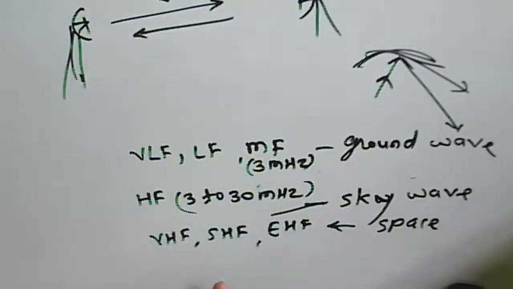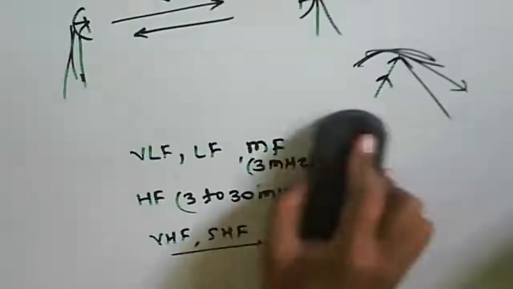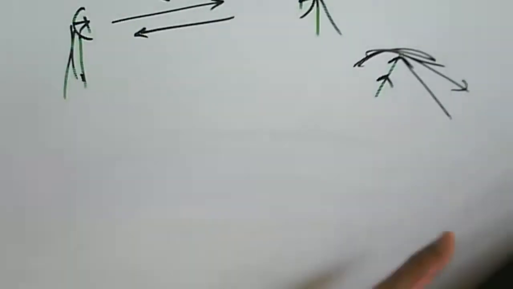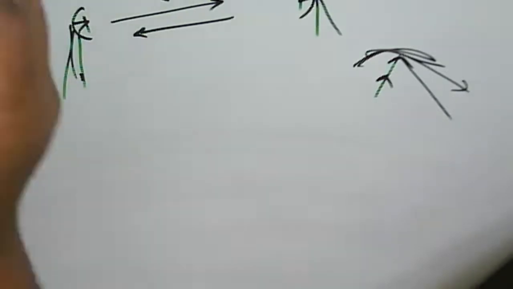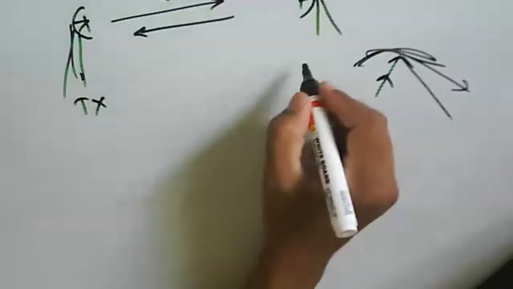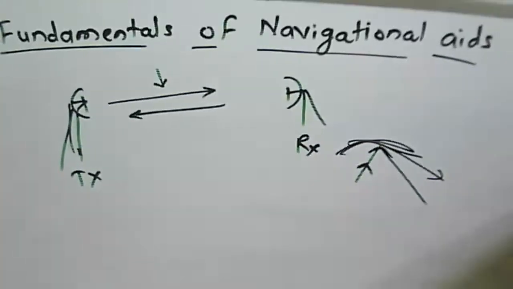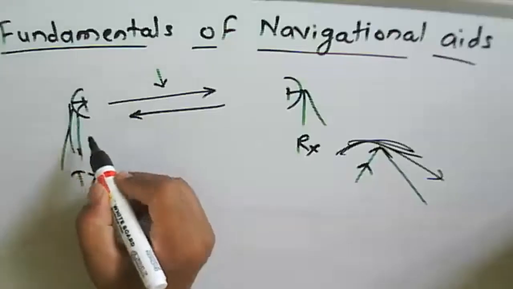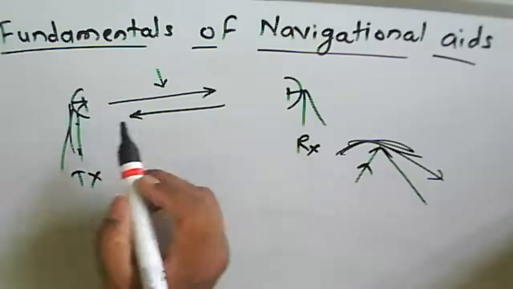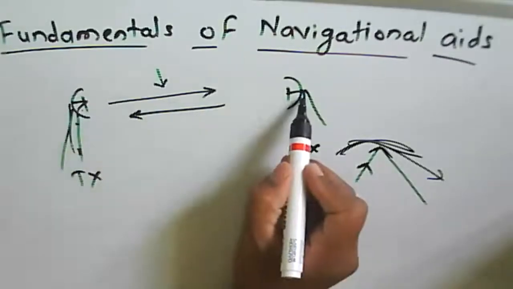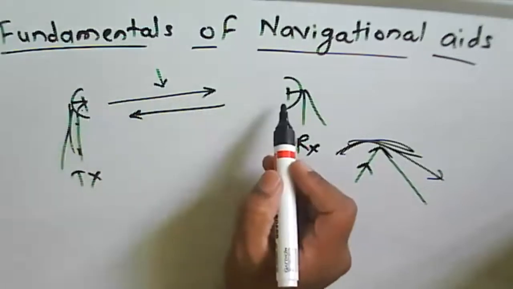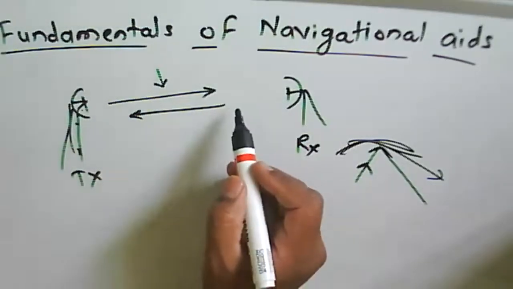In satellite communication, this particular band of frequency is used, and along with that, a signal propagates from one transmitter to another end. If there are two towers, propagation takes place from one tower to the other, and that is called line of sight propagation.